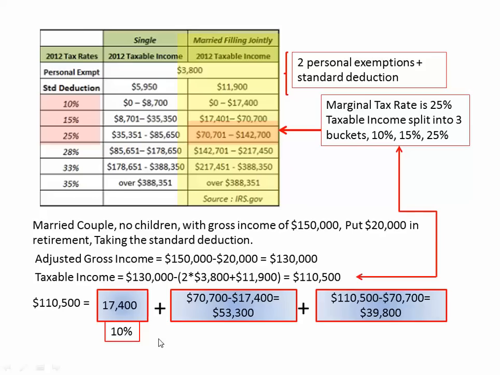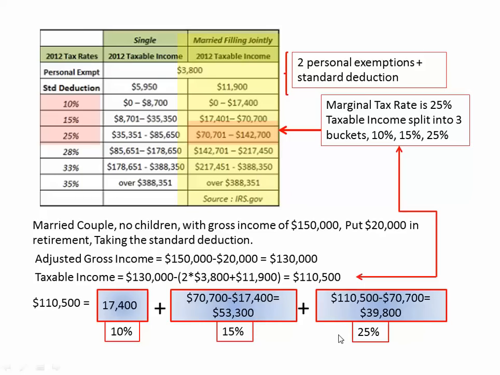So remember, the 17,400 portion of your income is at 10%, the 53,300 is at 15%, and the remaining portion, the $39,800, is taxed at 25%. On your calculator, you're just going to do 17,400 times 10%, the 53,300 times 15%, and the 39,800 times 25%.